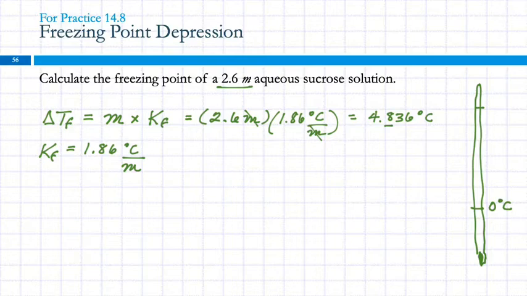It goes down, and this is how much it went down. So our freezing point is 4.8 degrees lower than the freezing point of the pure solvent. So the freezing point then is what? It is really that simple. What's 0 minus 4.8? Negative 4.8.